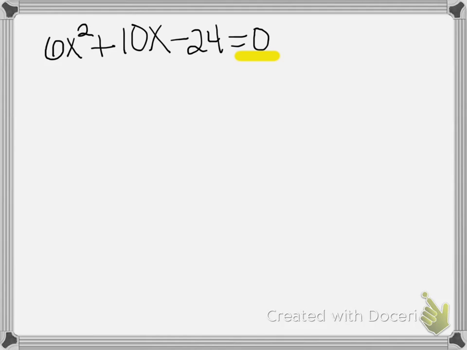Since everything's already set equal to 0, we can go right ahead and make our little x, which helps us know what we're factoring. We are going to be using the AC method, so that means that AC goes up here, the product of A and C, and B goes down here.